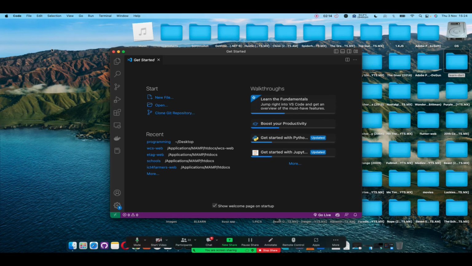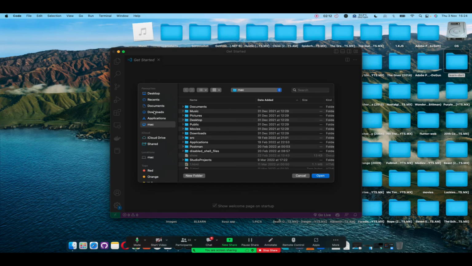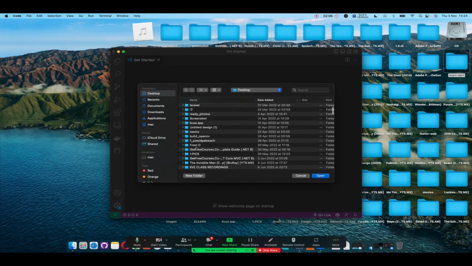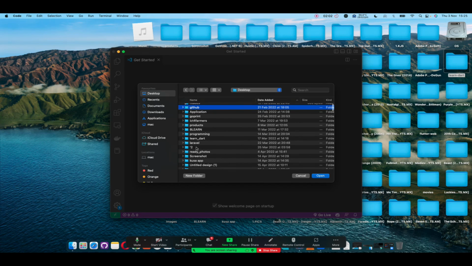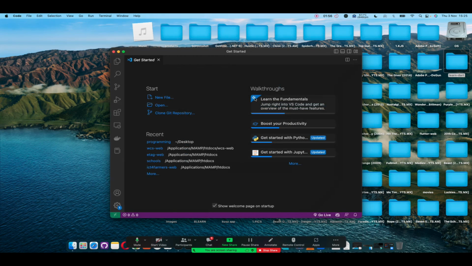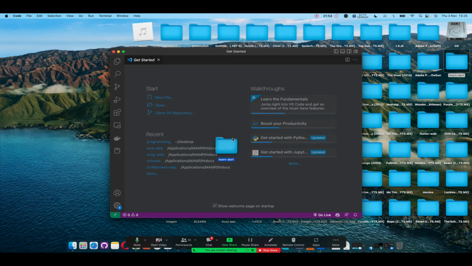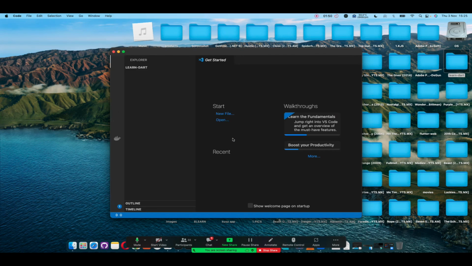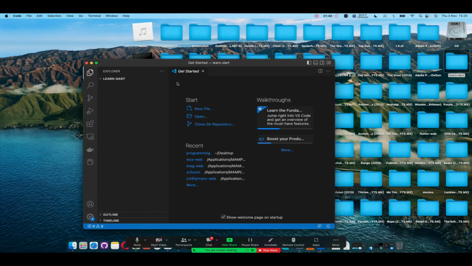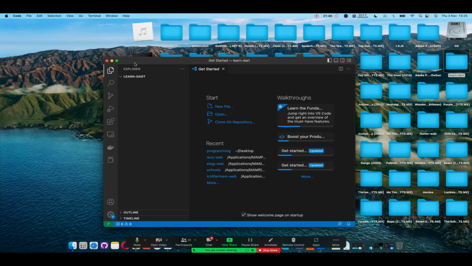Once you click on Open Folder, you'll be able to navigate to the particular folder that you want. For example, I can select the one that I've just created, learn dat, on the desktop. Yeah, I can drag and drop it for simplicity, to save time. So I'll have my folder open in Visual Studio Code.